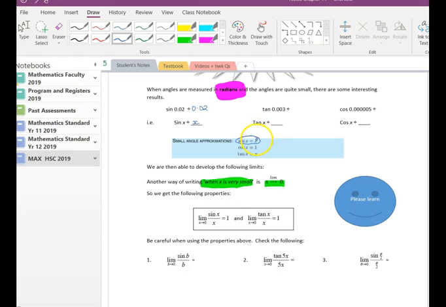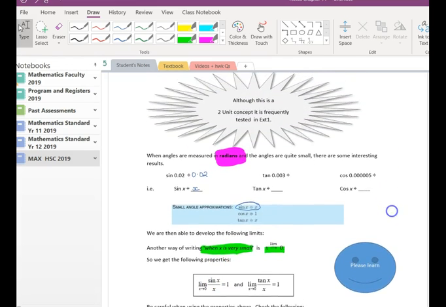We could replace it with x, and x on x is 1. Now, you can see up here in the BLAST it says, although this is a 2-unit concept, it is frequently tested in Extension 1. It doesn't mean it won't come up in Advanced, but it's almost always somewhere in the Extension 1 exam.